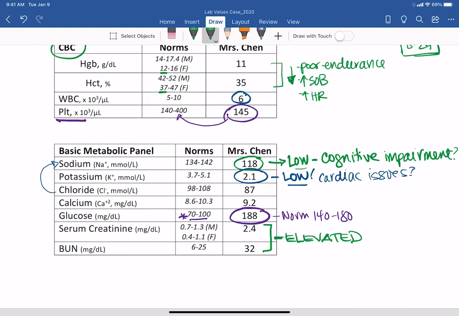The basic metabolic panel gives me a couple things that could interrupt my ability to treat. If her sodium has really affected her cognitive status, that might be an impairment to therapy. The impact of potassium on her heart could be a breaker for therapy. This might be the case where you just need to wait until she gets the potassium supplement before you treat.